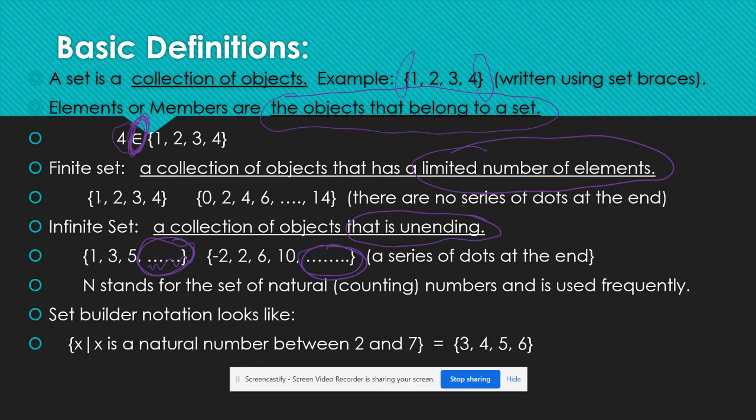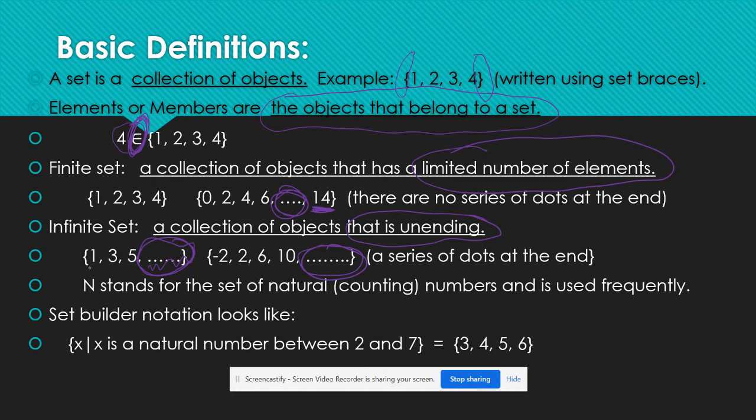So when you have something that ends, it's going to be like {1, 2, 3, 4} or {0, 2, 4, 6, ..., 14}. Yes, we have dots here, but that doesn't mean that it's finite because our very last thing written is 14. All those dots mean in this case is the pattern continues and it stops at 14. We just didn't want to write all of the numbers down. Maybe we were too lazy or there were too many or whatever.